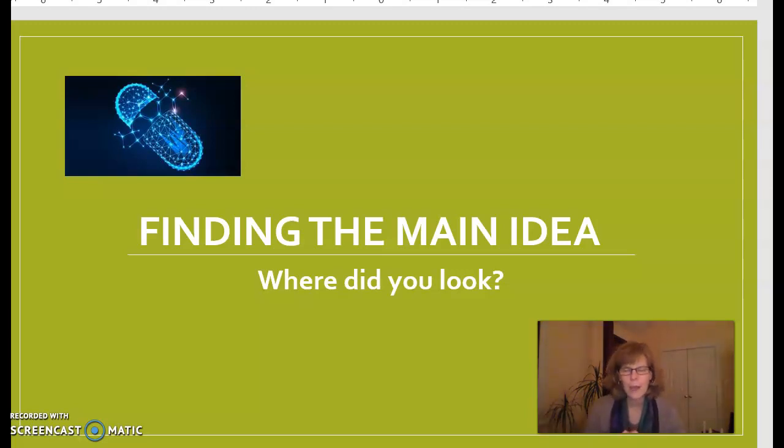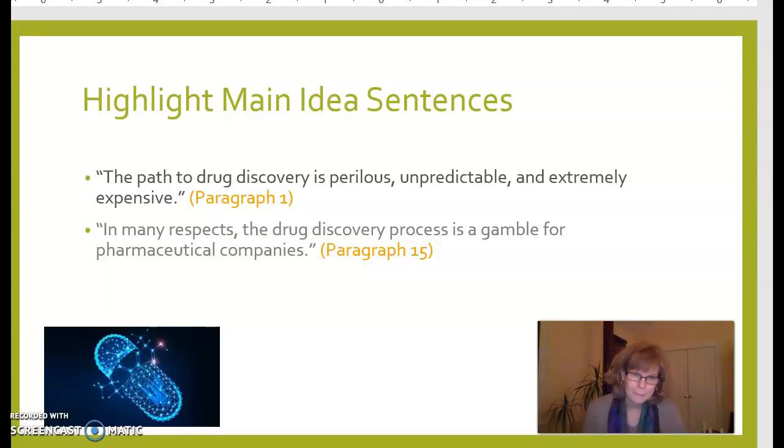It's really at the end of paragraph 1 that I get the main idea. Let's see if you agree with me. I highlighted this sentence in paragraph 1. The path to drug discovery is perilous, unpredictable, and extremely expensive.